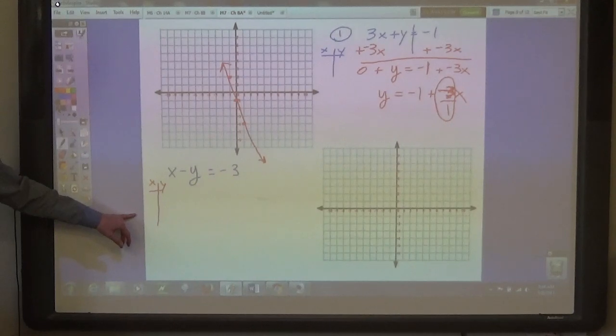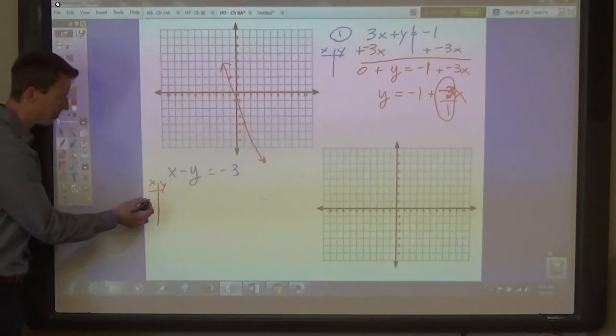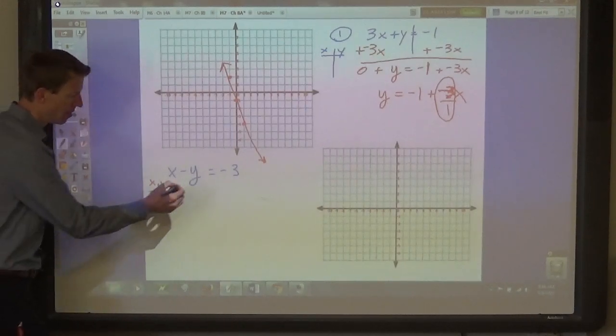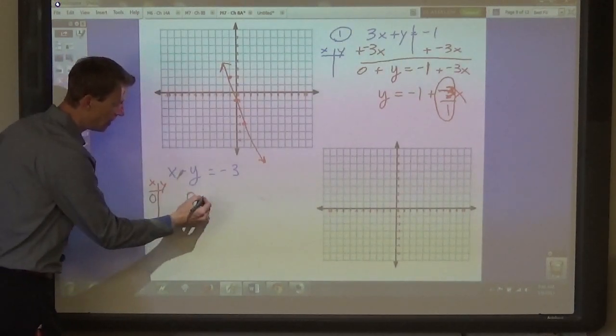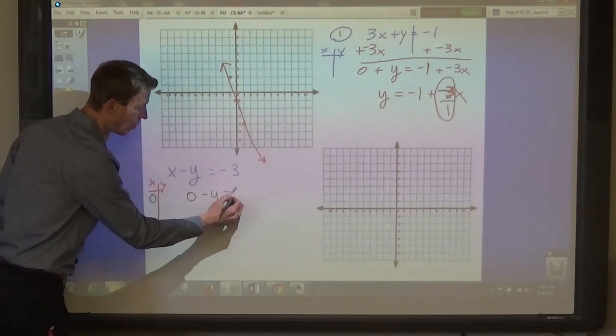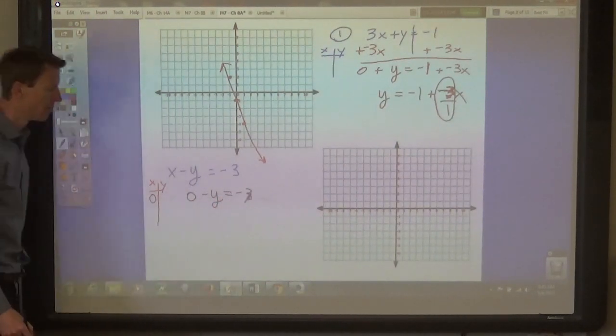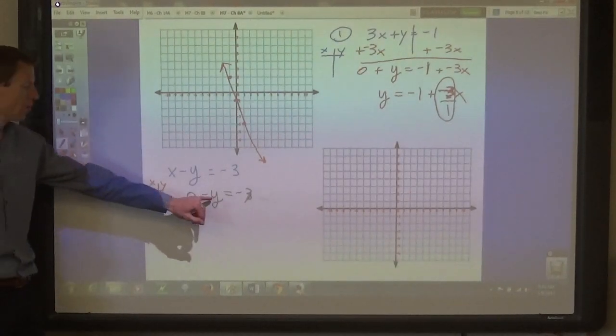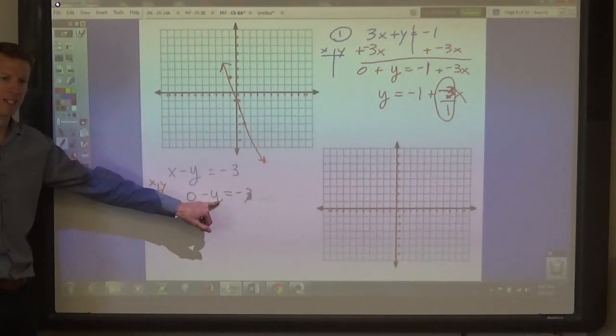Okay, Alex. You use 0. So if x is 0, then minus y equals negative 3. And then you have to get y by itself, which it already is. What number is missing then?